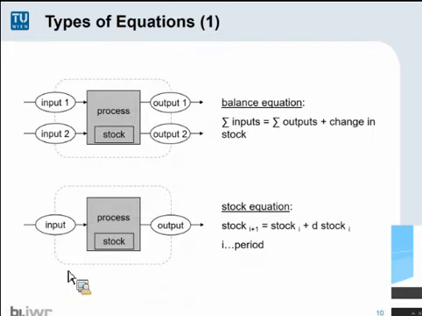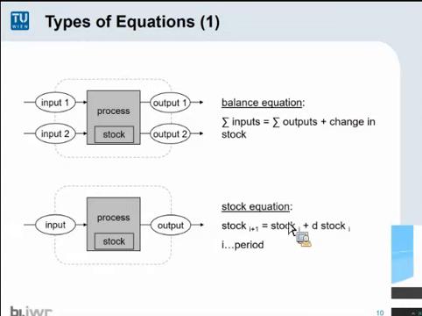So what types of equations are we using? First of all, we have a balance equation that I've already mentioned. So everything that is going in must come out again, with the only exception of a stock. So sum of inputs equals sum of outputs plus the change in stock. The second equation is this stock equation that I've already mentioned.